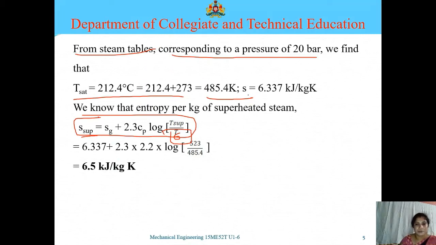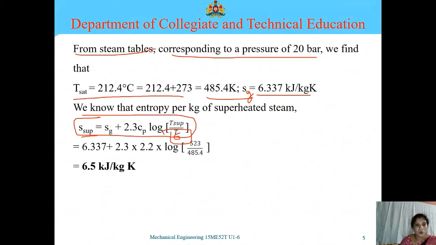The value of Sg in the steam table is 6.337. Hoping that you know how to check the value. I have not pasted the steam table in this particular problem. So the value of Sg is given as 6.337 kilojoules per kg Kelvin.